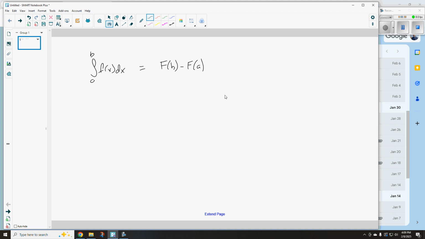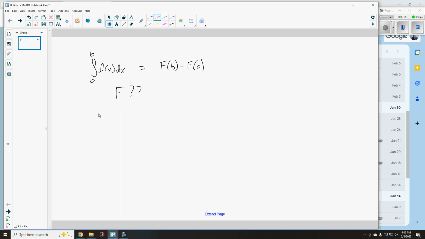But I was just struggling to figure out why the antiderivative, big F, is the area. I couldn't quite figure it out. I certainly accept it, and we all know how to do it, but a good understanding of why was escaping me.